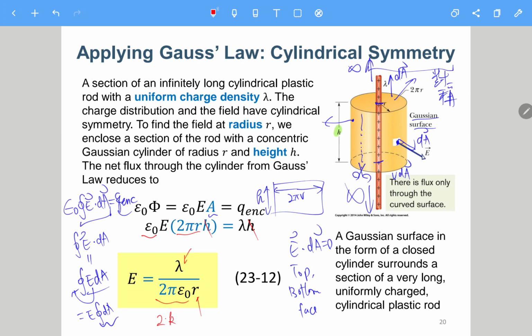So you can see here that after using Gauss's law, the calculation is very, very easy, as long as you know how to evaluate this term. If you don't use Gauss's law to do the same thing with the method in chapter 22, you would need to cut it into many slices, many elements, and then do some integration.